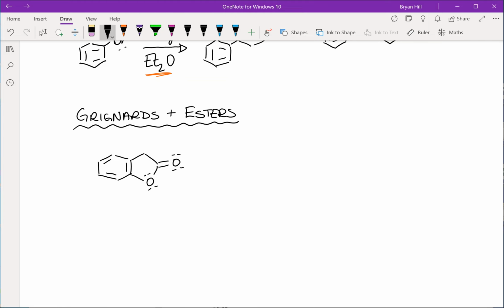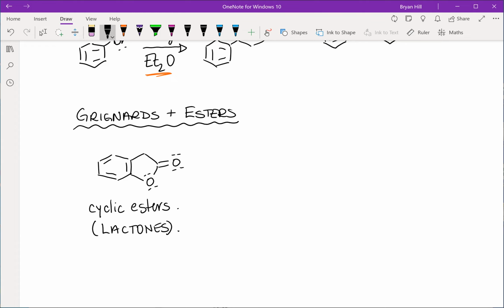Just like when we're doing a reduction with lithium aluminum hydride, it can be added twice, same sort of thing here. And textbooks love to use cyclic esters. These are called lactones. And I'll basically describe why in a second.